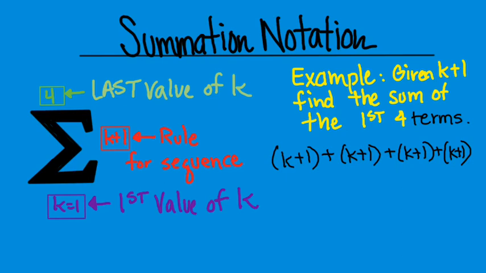So I know I'm repeating and adding together this rule, k plus 1, 4 times, right? My first value of k will be 1 because I'm starting there, and my last value will be 4. So that's why it's 1 plus 1, plus 2 plus 1, plus 3 plus 1, plus 4 plus 1. All of the red are the steps I do: the first step, second step, third, and fourth. And for the others, I'm always adding 1. And when I do the math, I get 14.